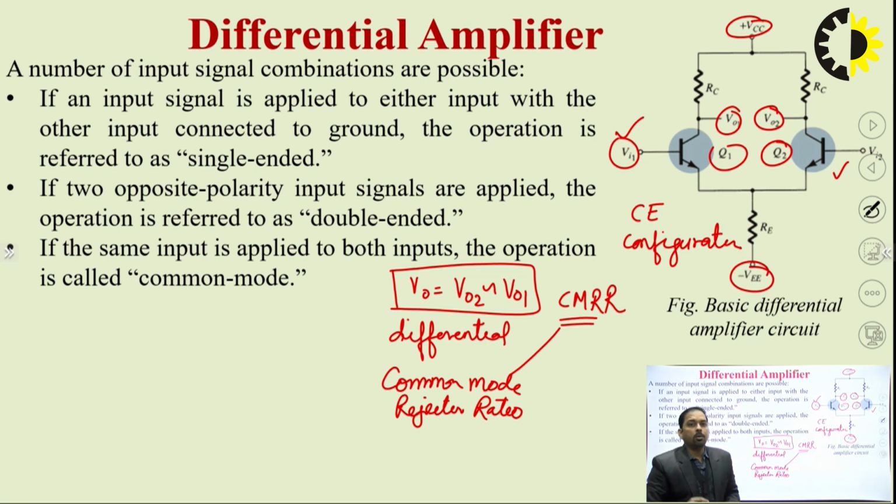It is the ability of the op-amp to reject the common mode signals and to amplify the opposite polarity signals. Mathematically, it is the ratio of differential mode gain to the common mode gain, and ideally the value of CMRR must be as high as possible, meaning infinite.